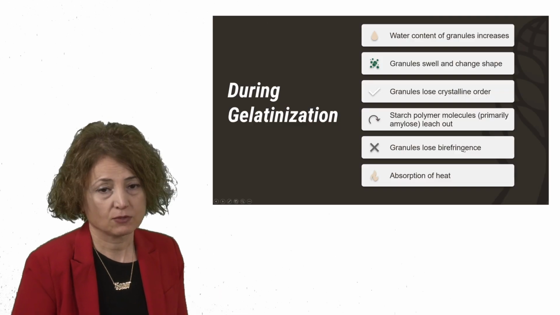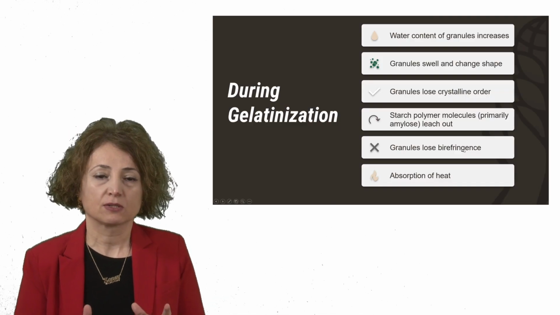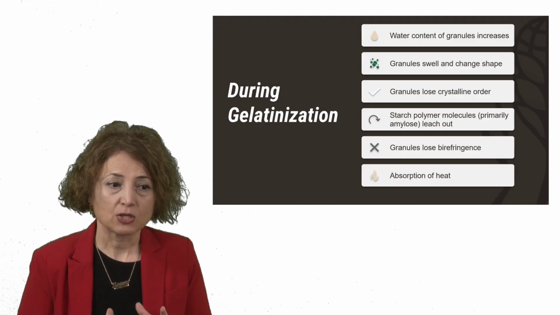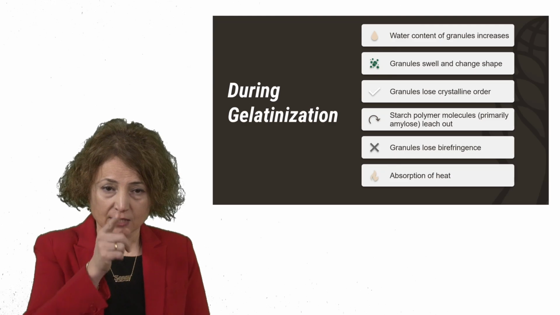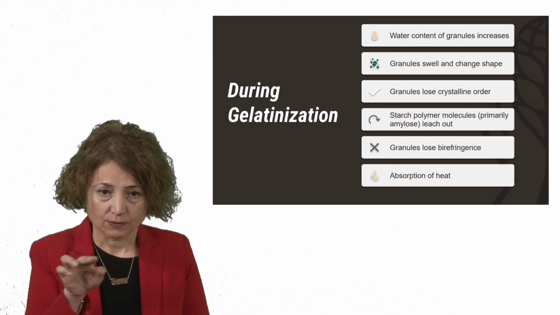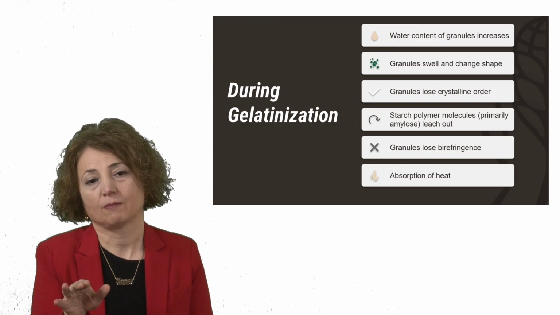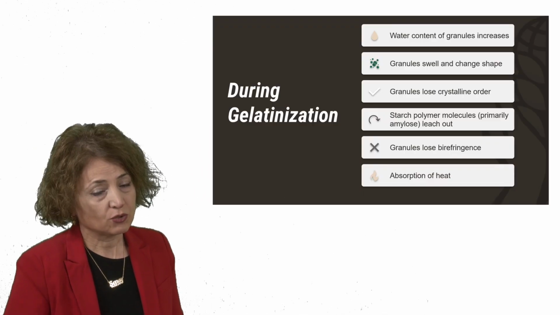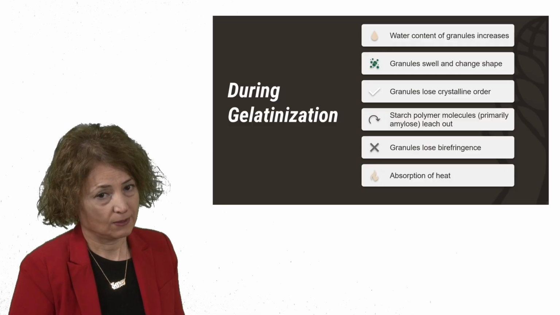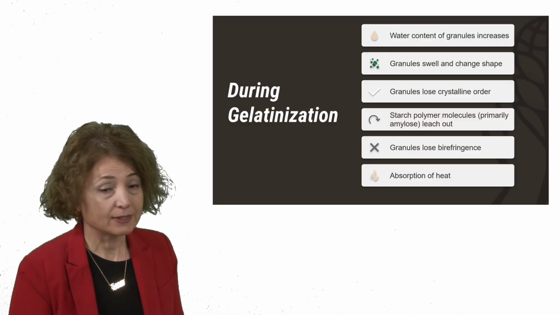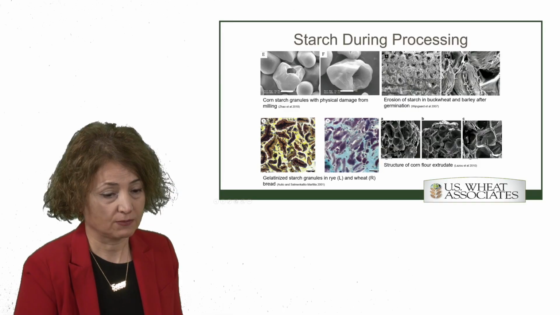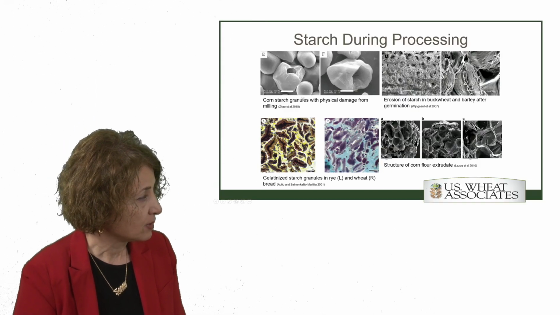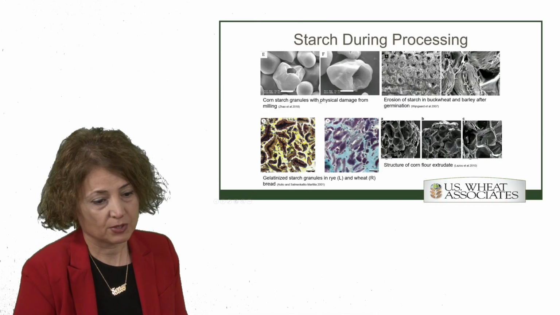This is something I haven't talked about yet, but what it means is that because starch has a semi-crystalline structure, if we look at it under polarized light, we see a cross, and this cross is called the Maltese cross, or birefringence. During the cooking process, we also lose that, so it disappears. And then we also have absorption of heat.